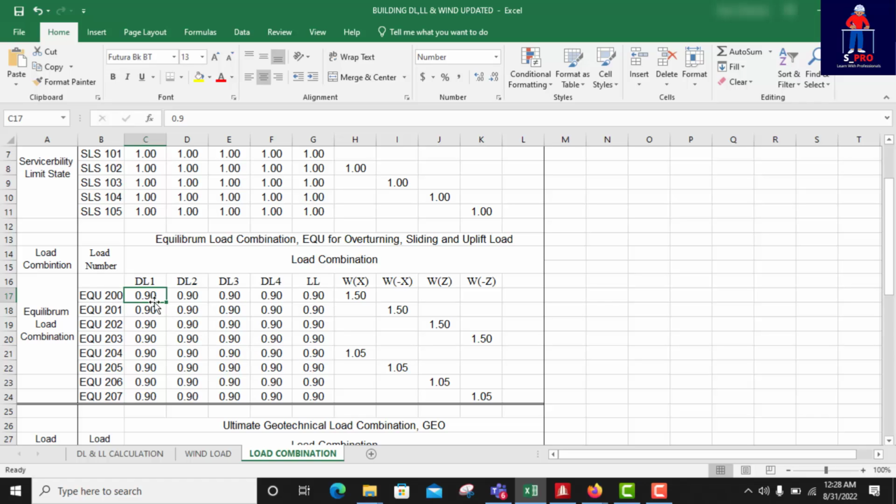So we'll quickly do that. For the 200, we have 0.9 for all the dead load and live load. Then wind load is 1.5. We do it like that for these 2 or 3.